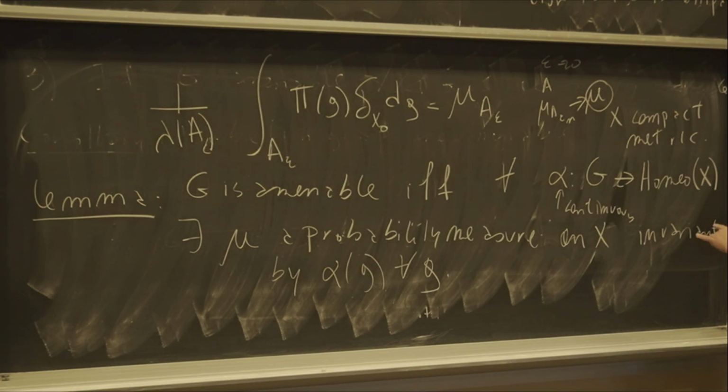And it is, instead of putting here homeo of X and an action of G on this compact metric space, you look at a representation of G on affine maps of a compact convex space, which for this matter would be the induced representation of G on the probability measures on X. So this set of probability measures is a compact convex space, and this alpha induces a representation by affine maps there.